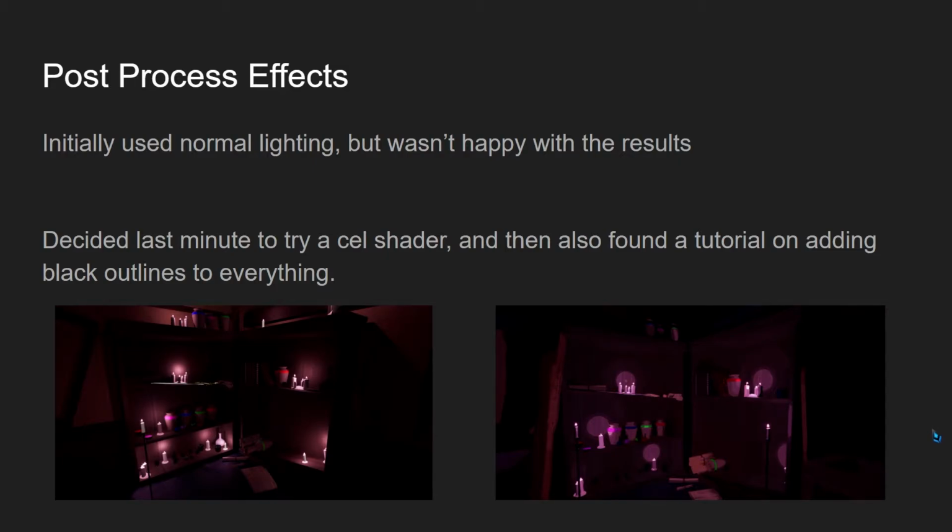I decided to go for a cell shading approach that I'd tried before and it hadn't worked, and I decided to try it again. Then I found a tutorial on how to put black outlines around all the models, and I think the result came out pretty good. It was a definite improvement over the original, as far as reading as very stylized and capturing the atmosphere while still being able to see everything.